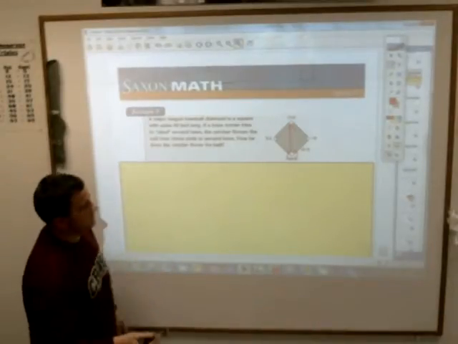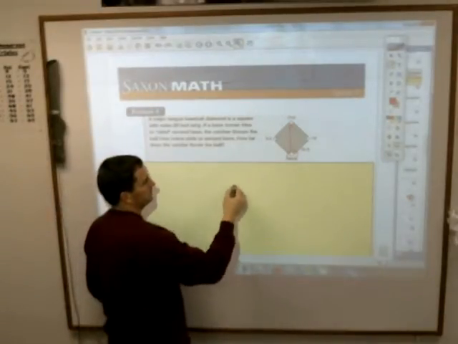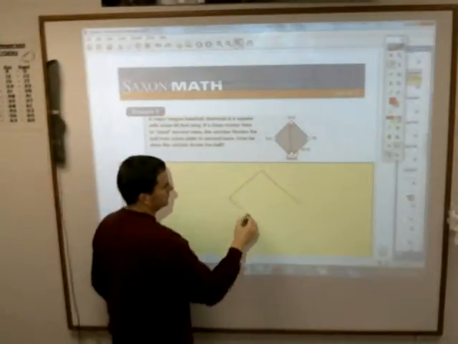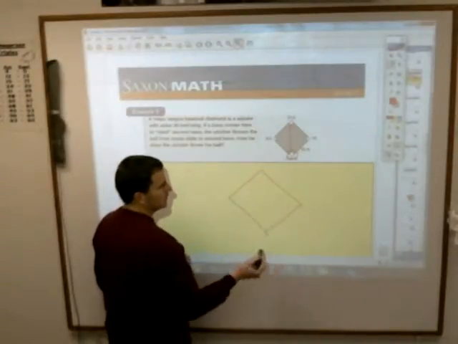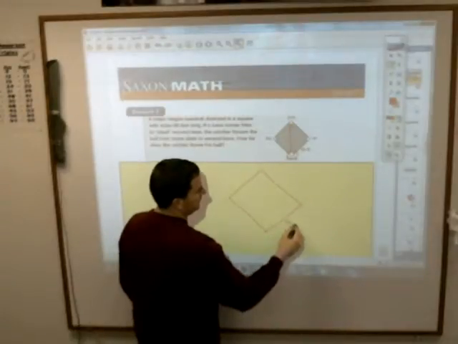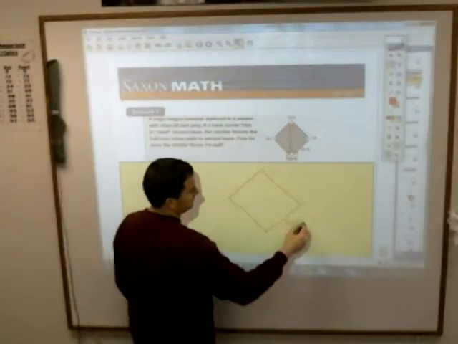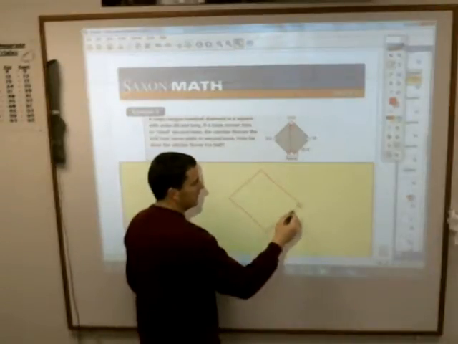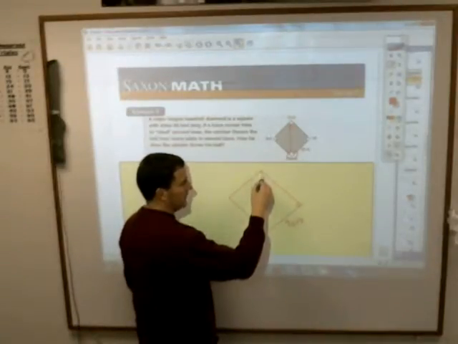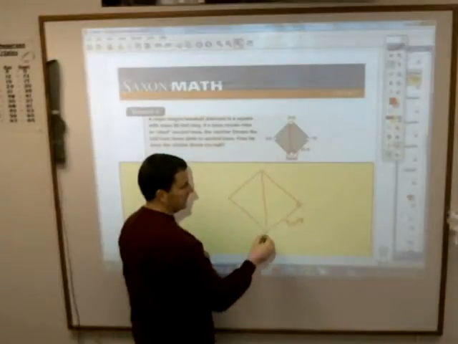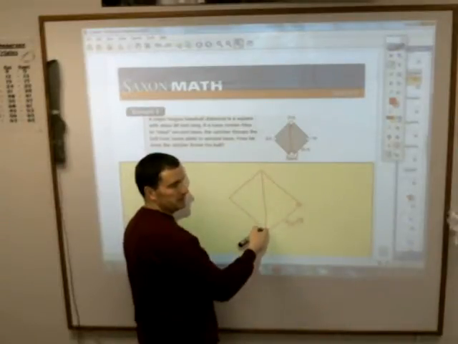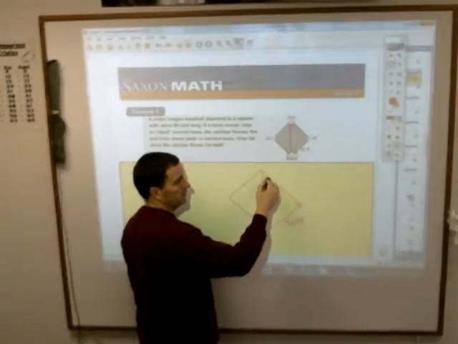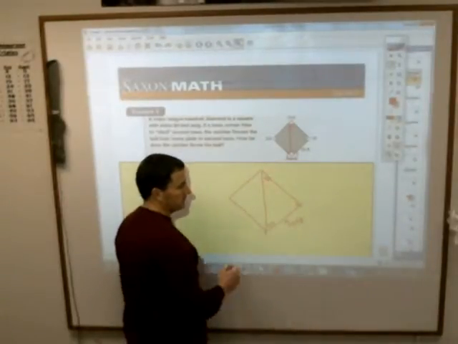Okay, well here's the deal. Let's draw it out. You know this is 90 feet. You know that these are all 90-degree angles. Well, if you draw a line from this diagonal to this diagonal, what special triangle is this? I just cut 90 degrees in half, so these are 45-degree angles.